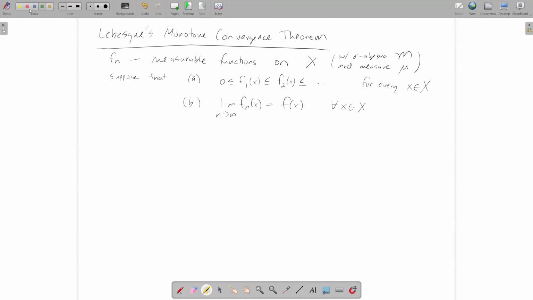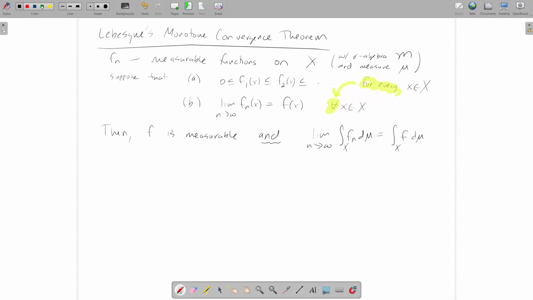So for every, basically, is what this means, or for all. The upside down A is just a little shorthand that I sometimes use. Then f is measurable, and more excitingly, the limit as n approaches infinity of the integral of Fn d mu is equal to the integral of f d mu. So you can bring the limit inside the integral.